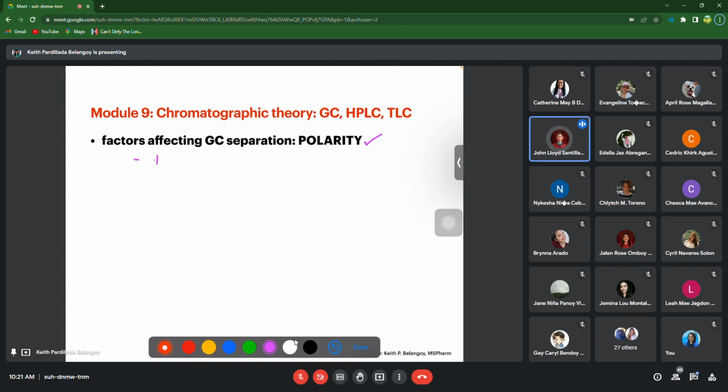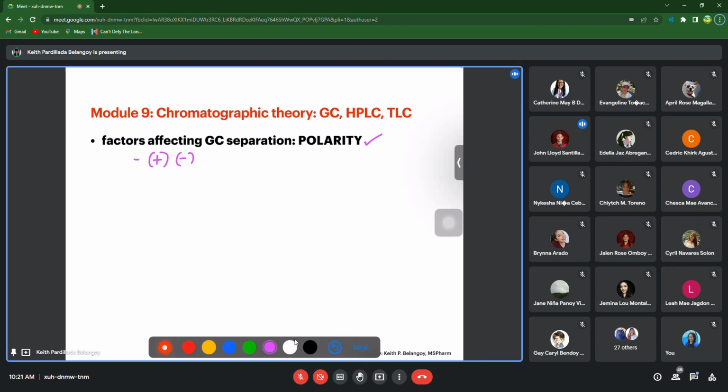The molecule is slightly positive at one end and slightly negative at the opposite end. A non-polar molecule is one where the electrons are distributed more symmetrically and does not have an abundance of charges at the opposite sides, meaning the charges cancel out each other. Alright. Okay, very good.